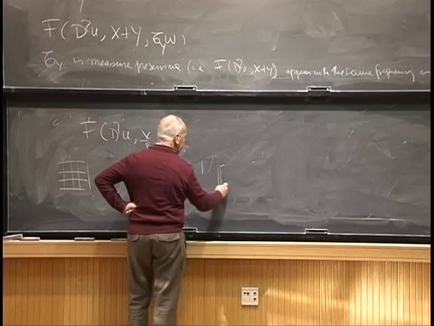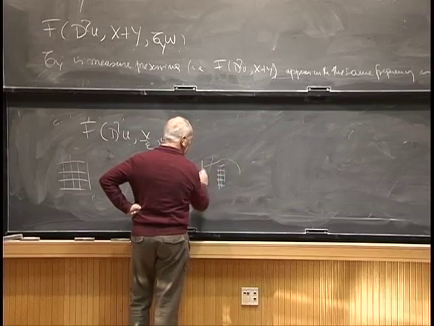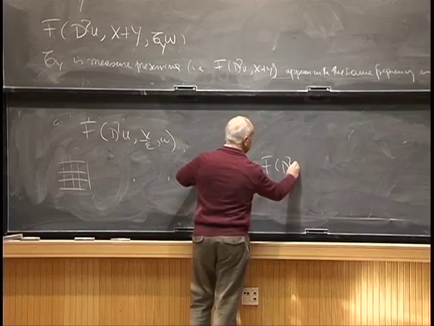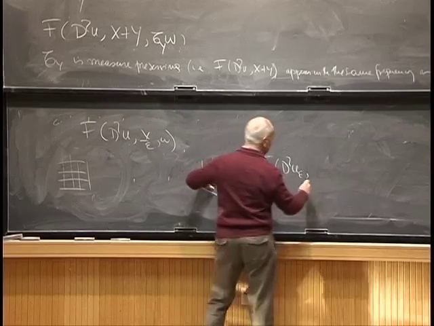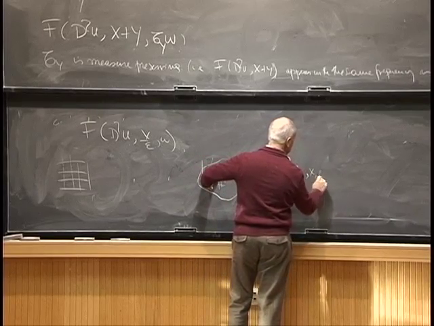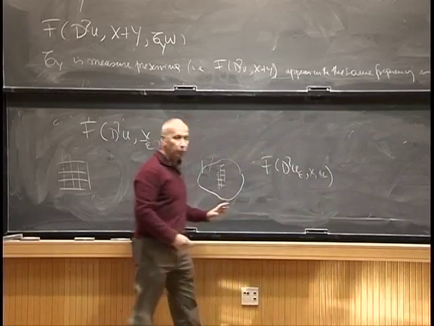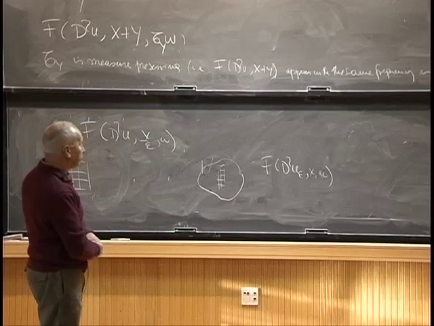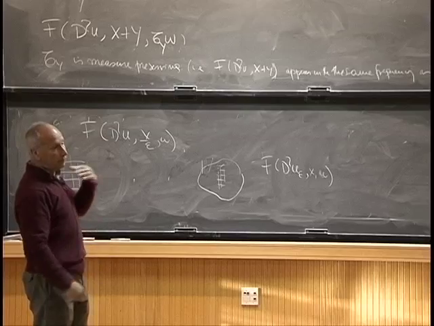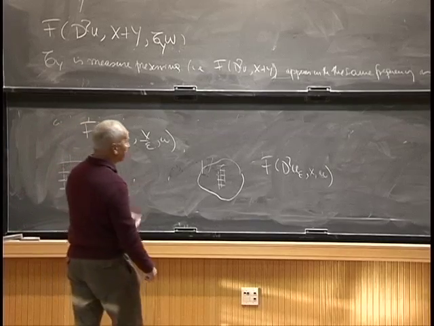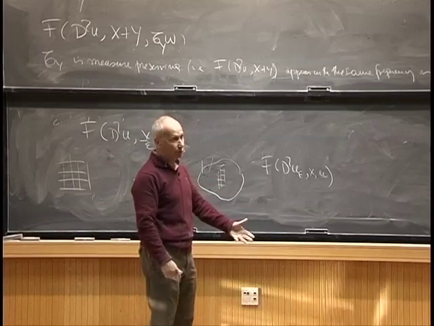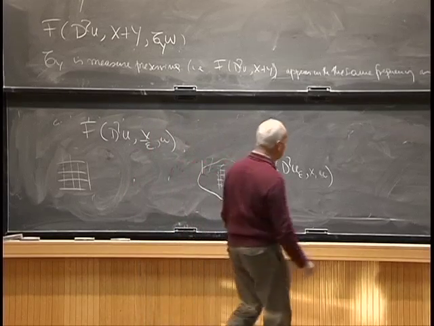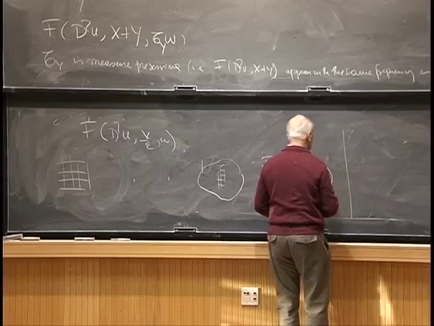You look at the little grid and you look at the solutions of the Dirichlet problem in this domain. You want to show that as epsilon goes to 0, the solutions of this equation will converge with probability 1 to a solution of a fully nonlinear equation where the x and the omega have disappeared. So it's the same as in the periodic case.